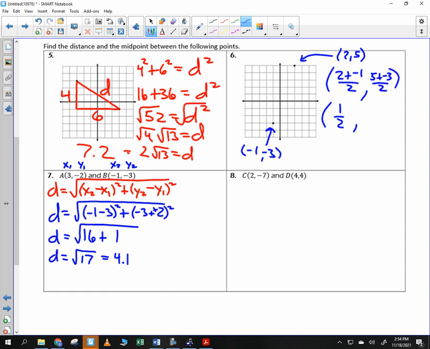And 5 plus negative 3 is 2, divided by 2 is 1. If I were to plot 1/2, 1, does that look like it's between those 2 points? Does it look like it's in the middle? I would say it looks like it's spot on.